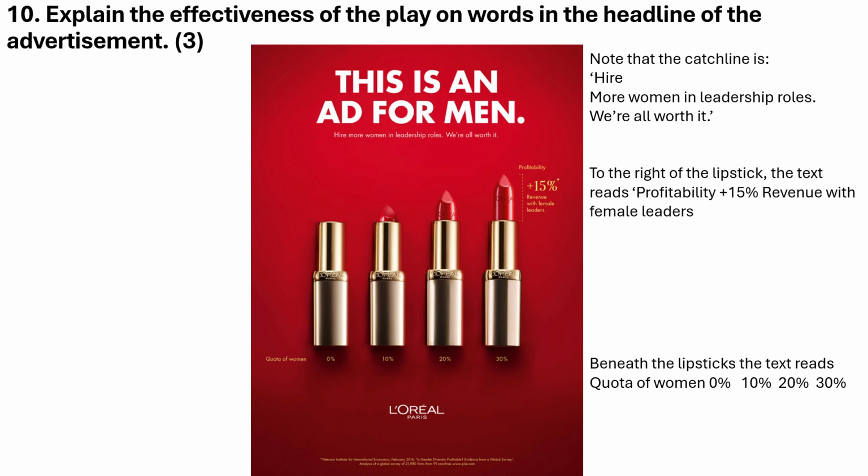The clever play on words and the actual meaning of the headline becomes clear on closer analysis of the lipsticks, which form an infographic showing how profitability of companies improves when women are hired. Therefore, the advert calls on men to hire women, for 1 mark.